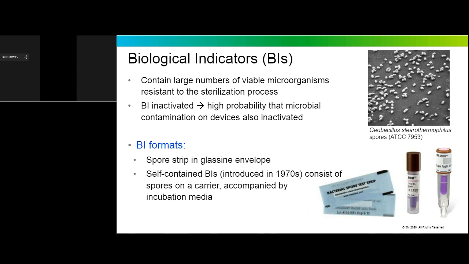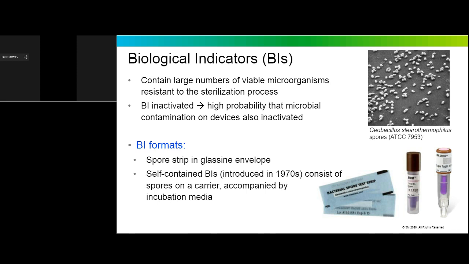They're very resistant to disinfectants and chemicals and sterilization methods. So if you can knock out this large population of resistant spores, then you can be pretty confident there's a high probability that any microorganisms that might have been contaminating your clean instruments have also been inactivated. That's kind of the premise of a biological indicator.